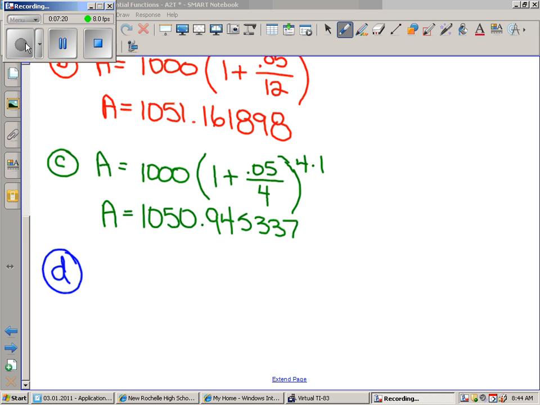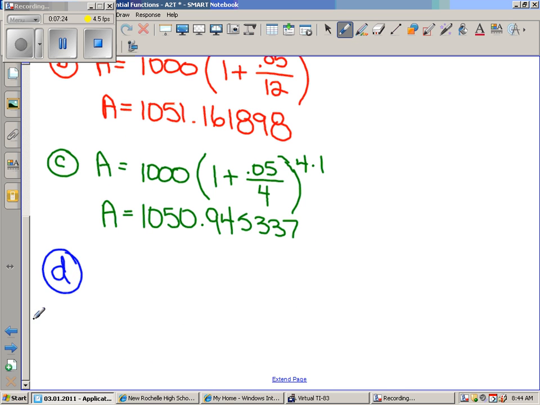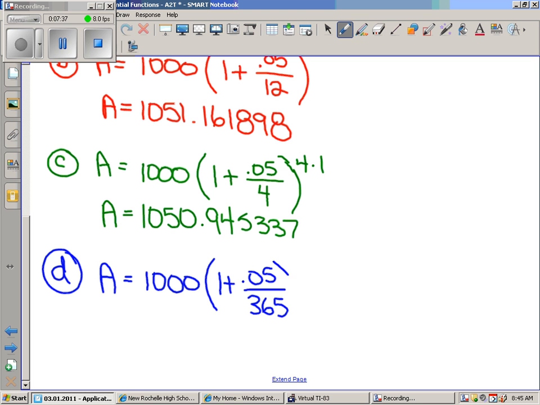Let's do the last one. What happens when it's compounded daily? Compounded daily, that's 1,000 times 1 plus 0.05 divided up amongst those 365 days, and then it gets multiplied by itself 365 times.